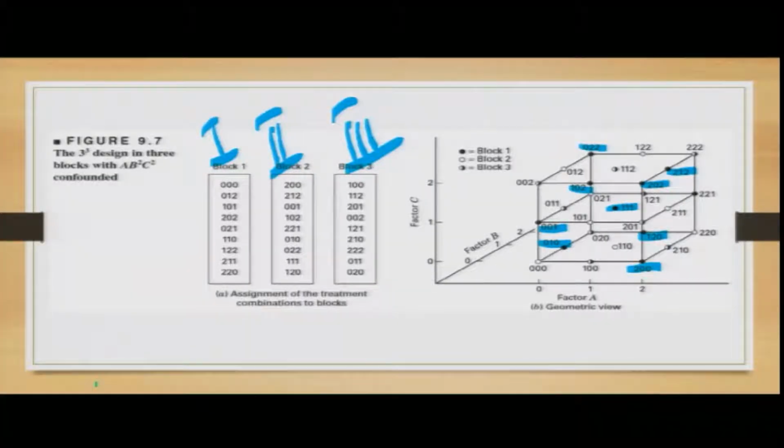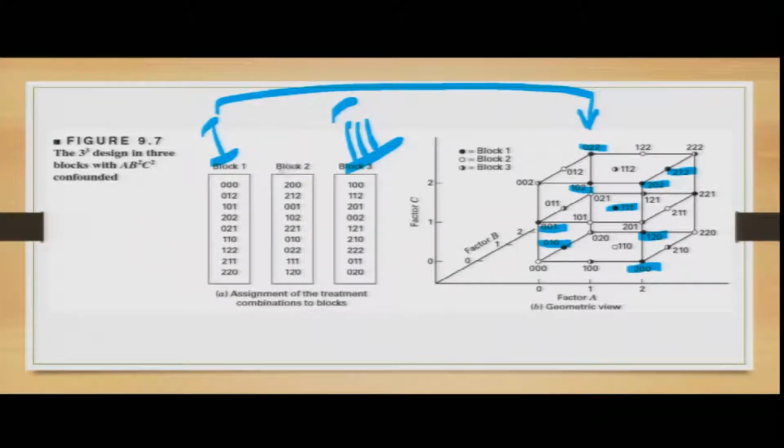So, I will use the green color for block 2. The blue one is for block 1, then I will erase this, in order to make our life simple for understanding. So, this is block 2.